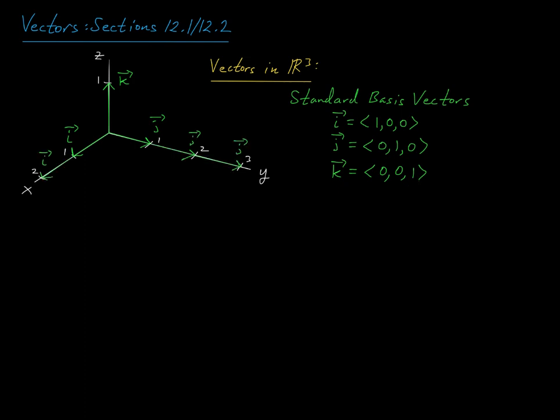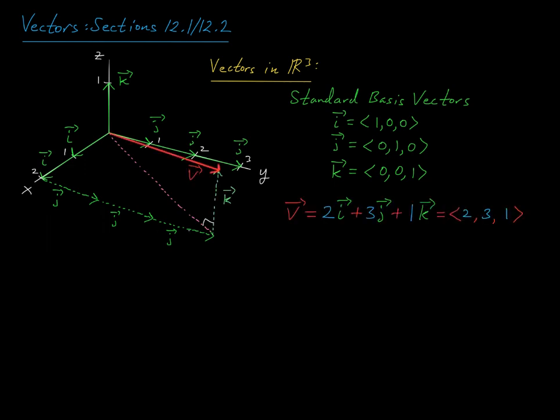Now thinking about building blocks. Let's say I take 2 of the i's, 3 of the j's, so I just took these 3 j's and I'm going to shift them over here, and then I'm going to take 1 k and I'm going to build this vector v. So for v, the i component, I need 1, 2 i's.